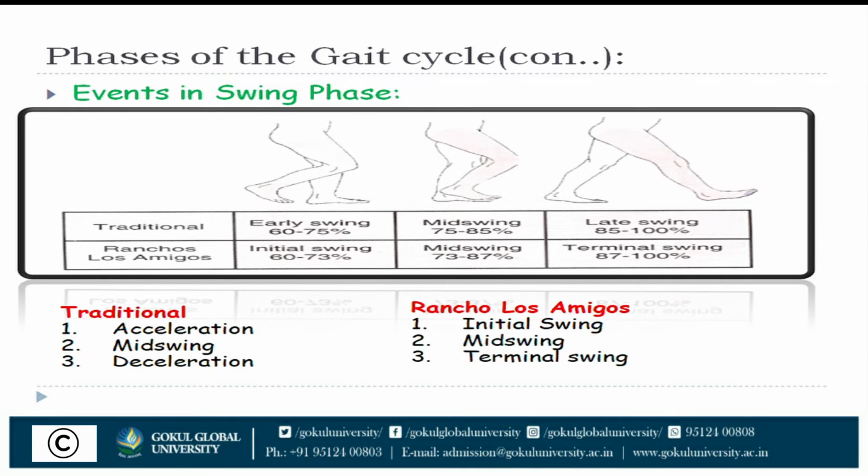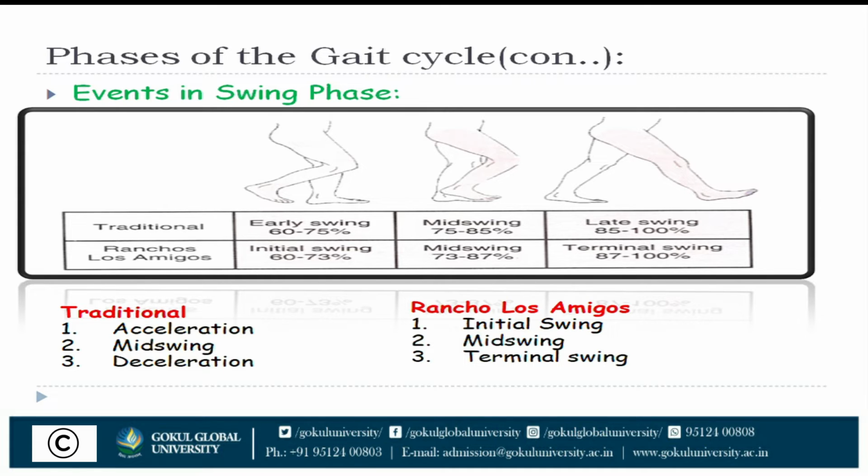Events in swing phase. In traditional: first acceleration, second mid-swing, third deceleration. In Rancho Los Amigos: first initial swing, second mid-swing, third terminal swing.